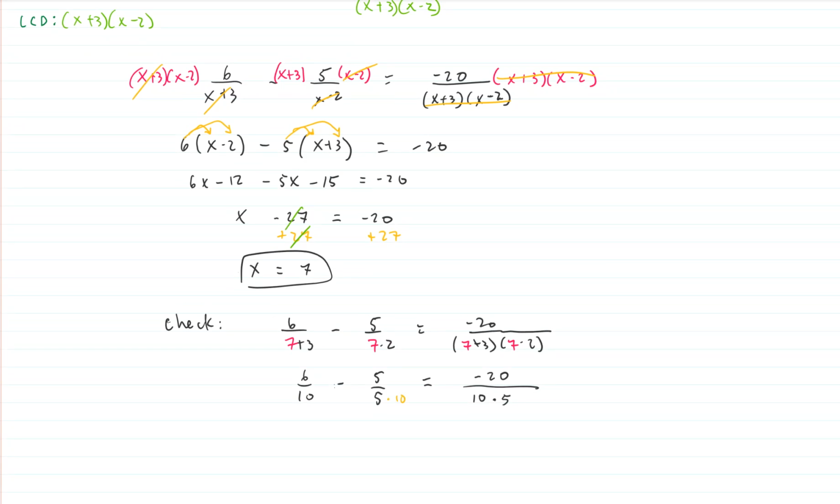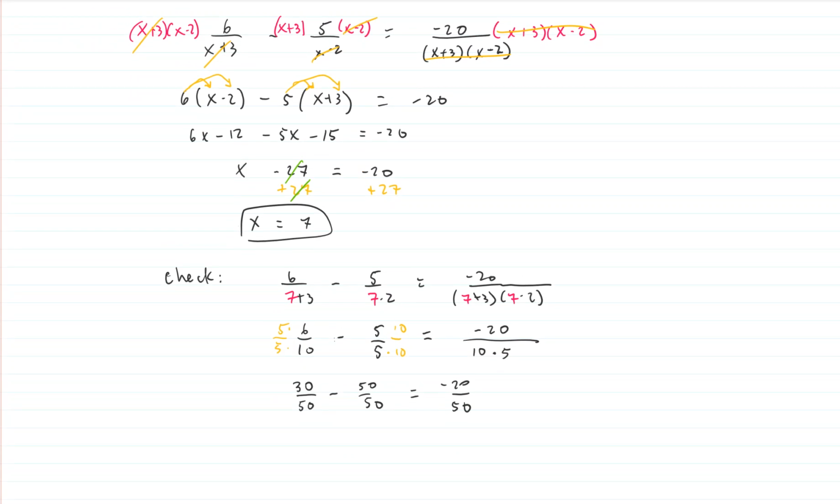So this needs to be multiplied by 10 over 10, and this is 5 over 5. Now what do we have? 30 over 50 minus 50 over 50 equals negative 20 over 50.